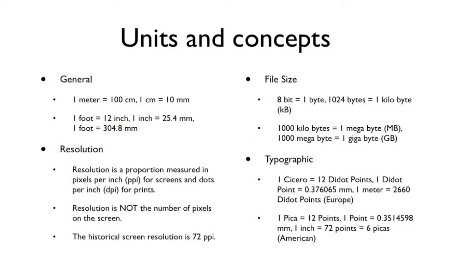And the interesting thing is that there are 72 points in 1 inch. That was close. So 72 points to an inch, that's 0.35 millimeters. So does that ring a bell with 72 dpi?